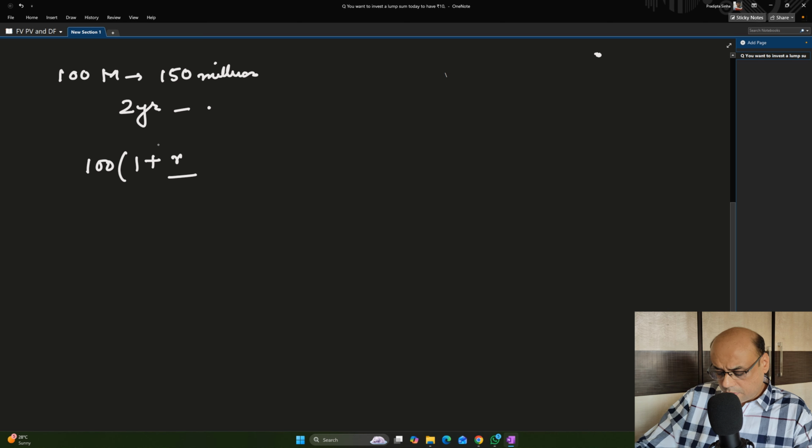The normal one was 100 into (1 + R) to the power T, but when we have a number of periods, the rate is divided by the number of periods, and we raise it to the power not of the year, but of the number of periods. Had this been annual, we would have raised it to 2, but since this is semi-annual compounding, we will raise it to 4, is equal to 150. So this is how we can get R.